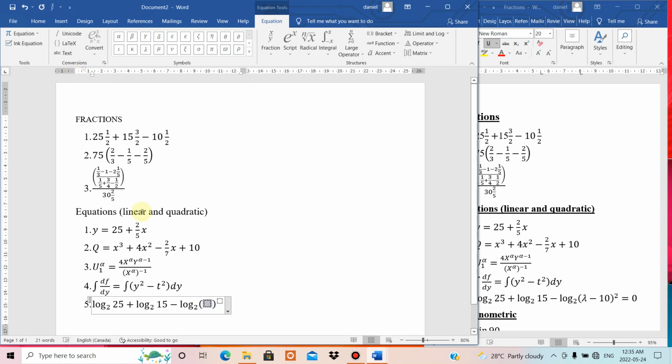So you have lambda minus 10 exponent 2. So where do you locate your lambda?